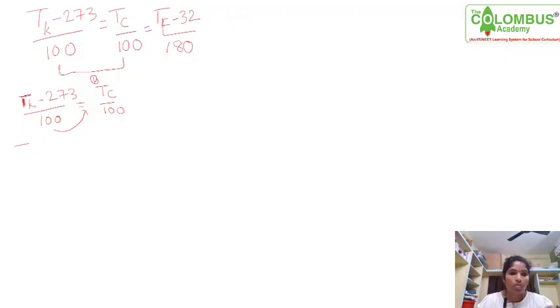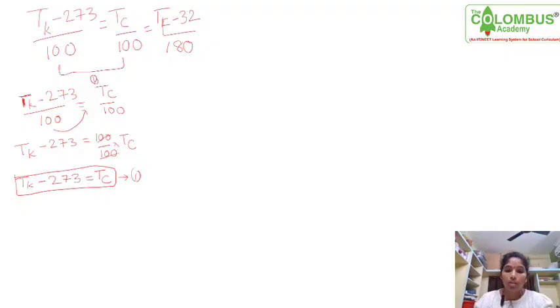Temperature in Kelvin minus 273 equals 100 divided by 100 into temperature in Celsius. 100 gets cancelled. Therefore, temperature in Kelvin minus 273 equals temperature in Celsius. This is your first relation between Kelvin and Celsius.